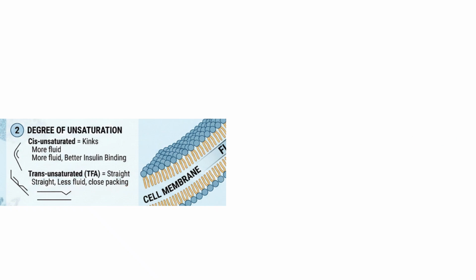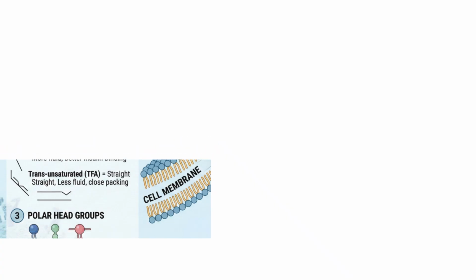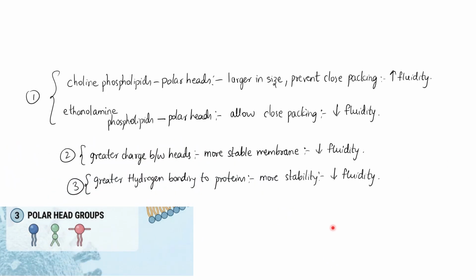Then coming to the third factor, that is the polar head groups. In this way they are affecting the upper layer containing the choline phospholipids. The polar heads of the choline phospholipids are usually larger in size. Because of that, they prevent the close packing of the tails, and because of that there are little gaps, and ultimately it increases the fluidity.